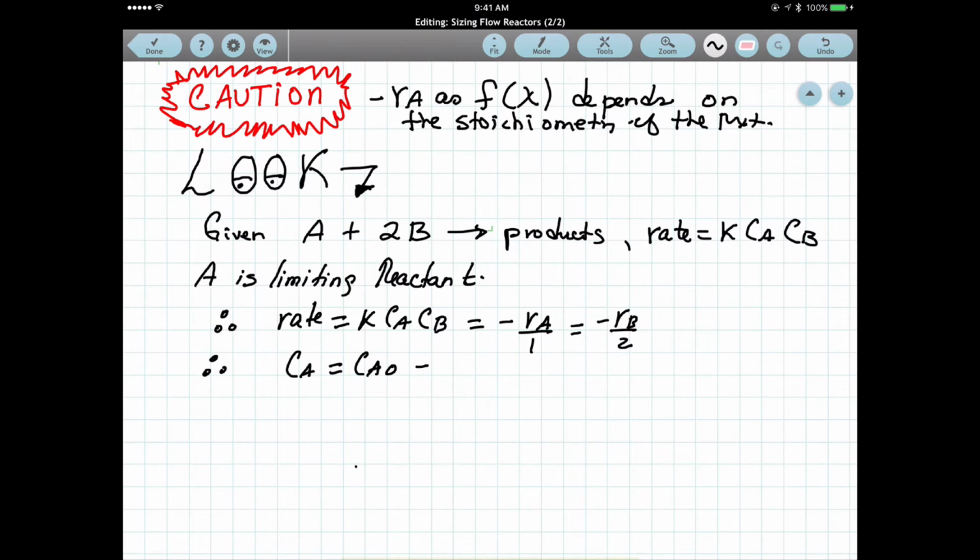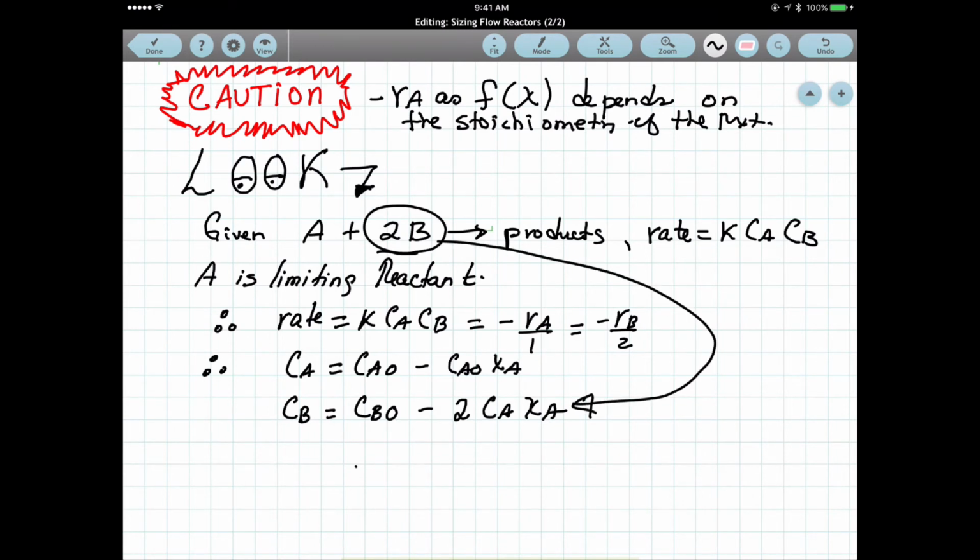We can convert this in terms of flow; we're going to see that later. So CA = CA0 (1 - XA). And for CB, the concentration of B at the beginning of the reaction minus what is reacting. If we're defining conversion in terms of A, that means it's going to be 2 times whatever reacted, of XA.